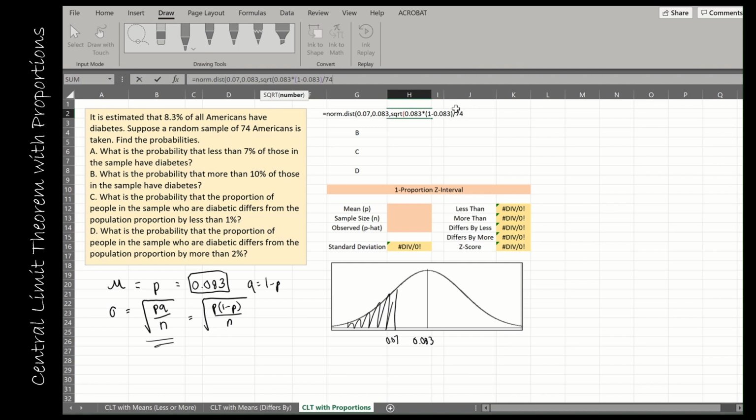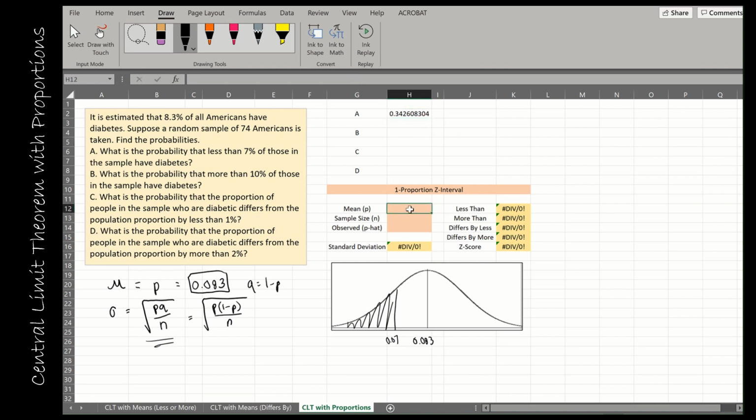So 74, and then close the parenthesis. Now I'm going to do a comma, and now I'm looking for cumulative, and that of course is going to be 1. And that gives me a value of 0.3426-ish.